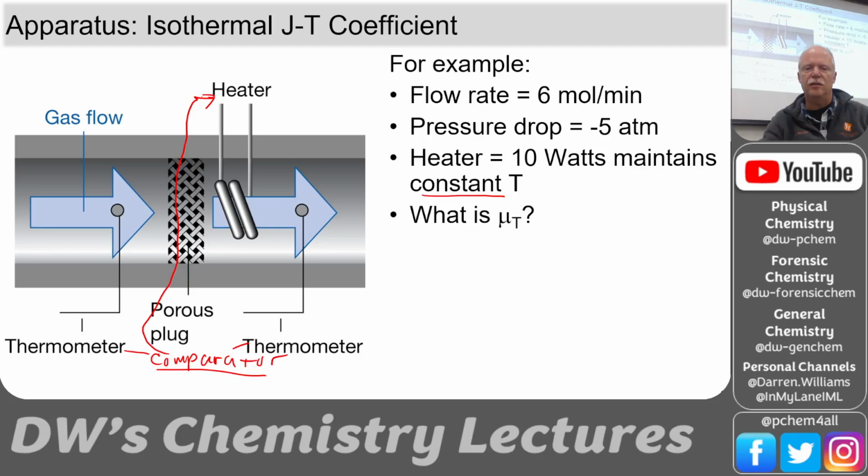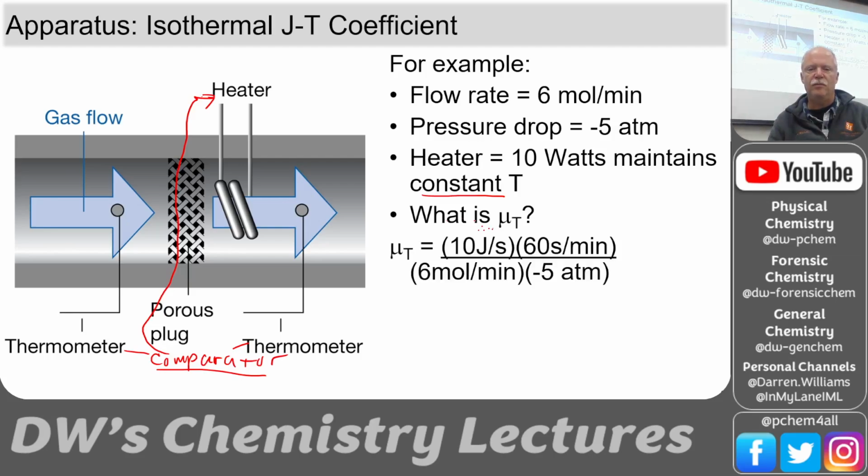So what is the mu T? We're going to end up with joules per mole per atmosphere, so we have to figure out how that works. Well, 10 watts is 10 joules per second. A watt is a joule per second. We've got a flow rate of moles, and we know that's in the denominator. So joules per mole, okay?